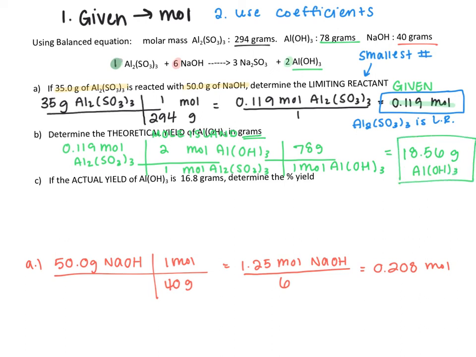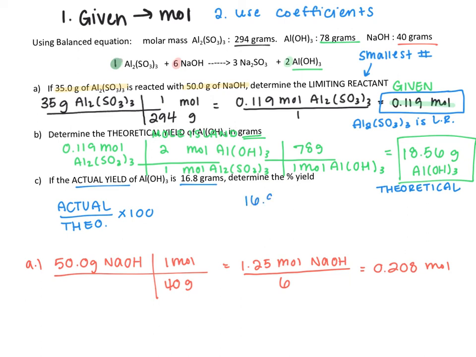Now that I have that number, this number represents my theoretical yield, right? That's always what I calculate. Now I could say, here's my actual yield, which is 16.8. To solve for this, I'm going to take my actual value, which is what I find in the lab, divide that by the theoretical value that I solved for, and multiply that by 100. That will give me my answer for what I actually yield. So I'm just going to plug in my information.